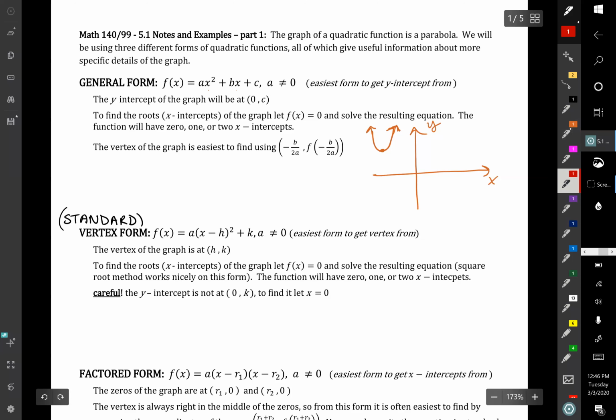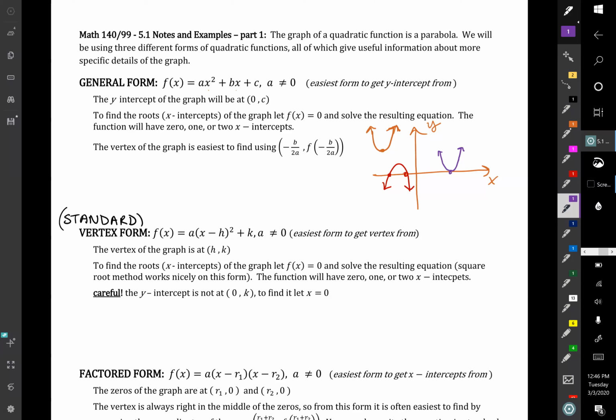Sometimes I would have 2 x-intercepts if it crosses over like this one. Other times I'm going to have 1, where just my vertex sits on the x-axis. So those are the different varieties.